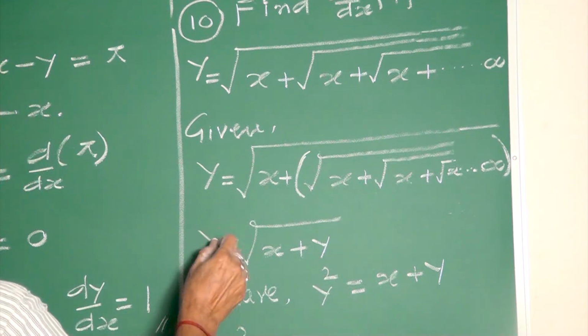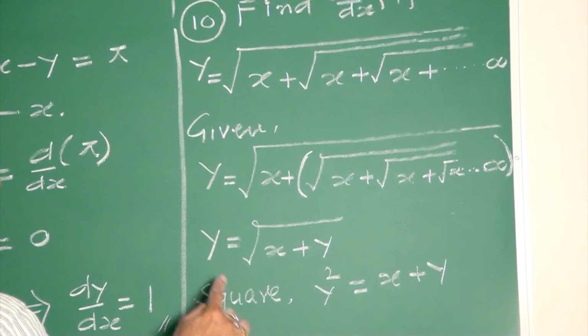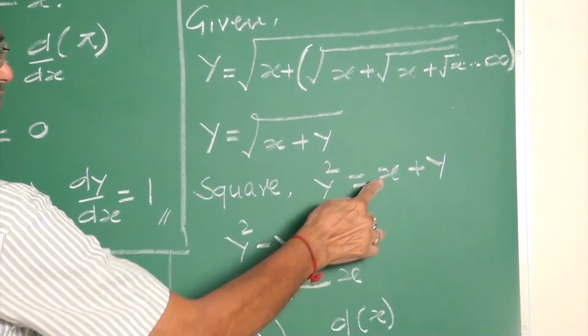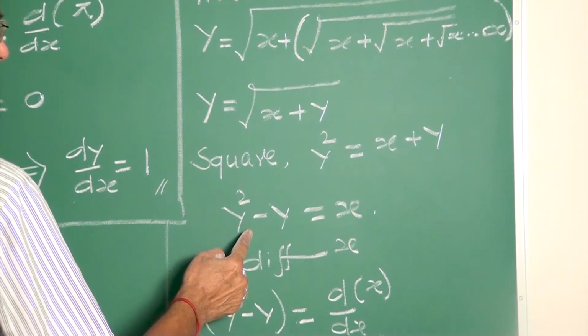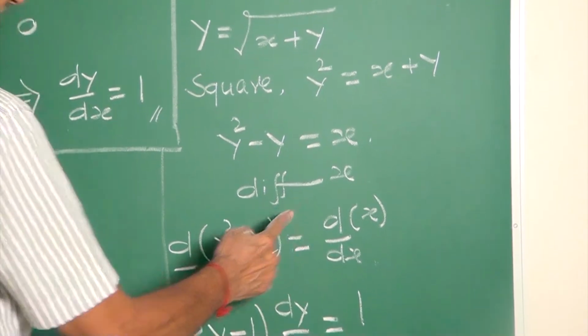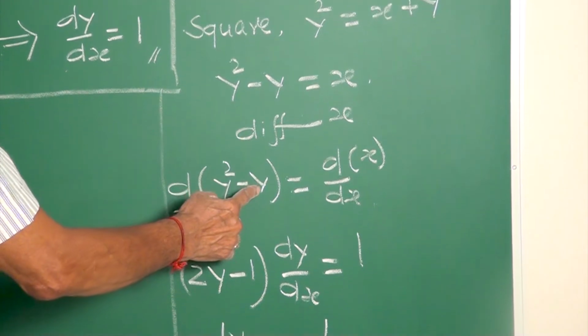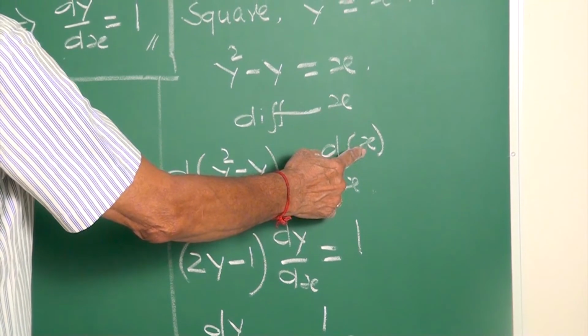So you get y equal to root x plus y. Square both sides. Y square, square root cancels, x plus y. Bring y this side. Y square minus y equal to x. Differentiate with respect to x. Derivative of y square minus y with respect to x equal to derivative of RHS.